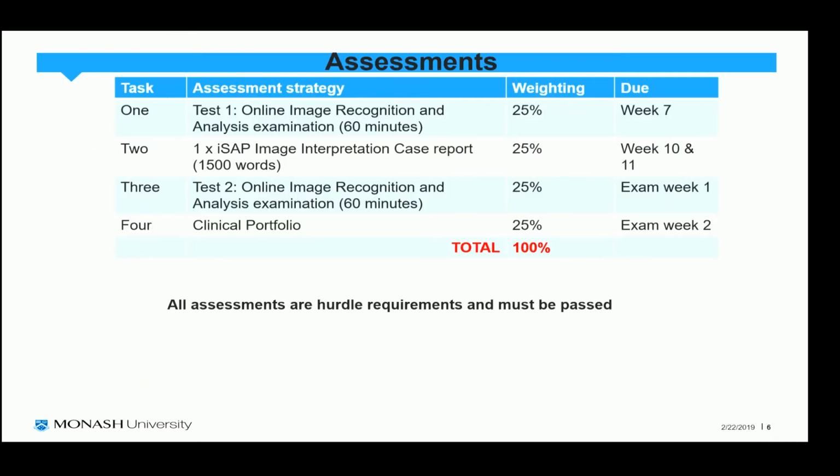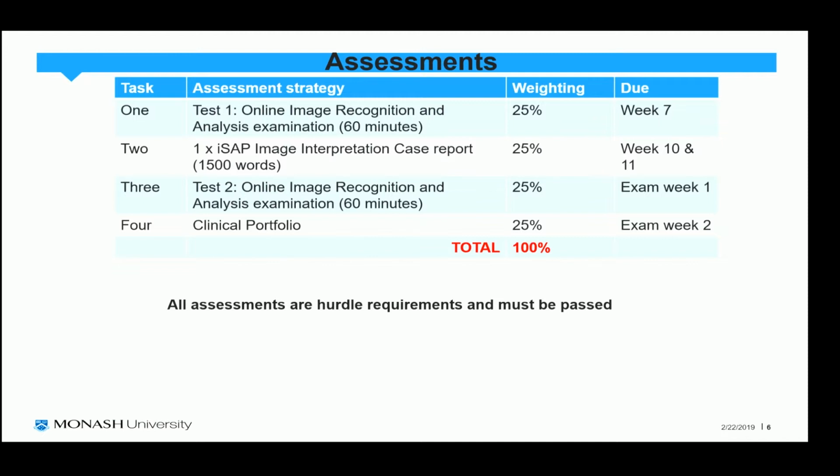So there's a number of assessments. The first assessment that you will undertake will be test 1, which is an image recognition exam. It has a weighting of 25%, and that will be during week 7. The second one will be an ISAP case. The overall word limit for that is 1,500, and the weighting is 25%.